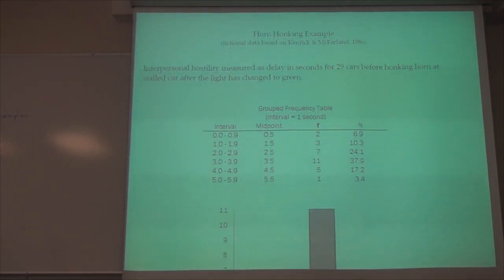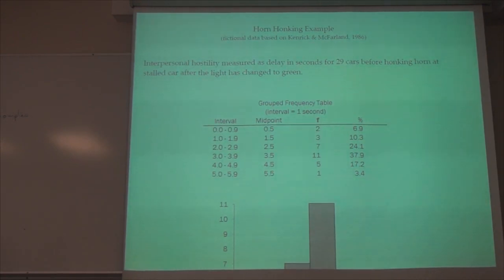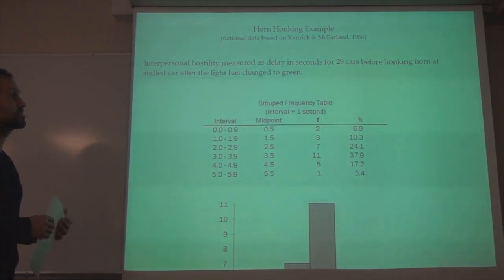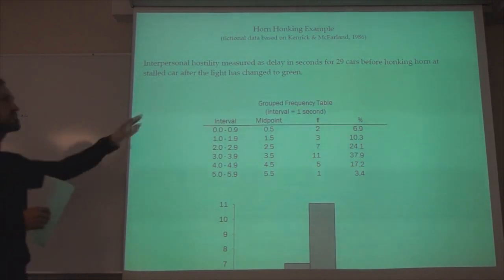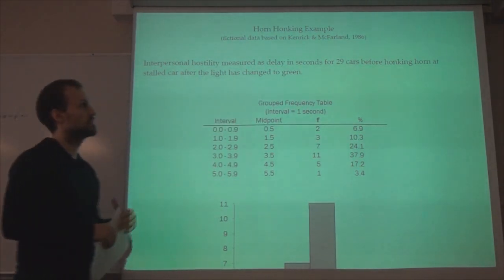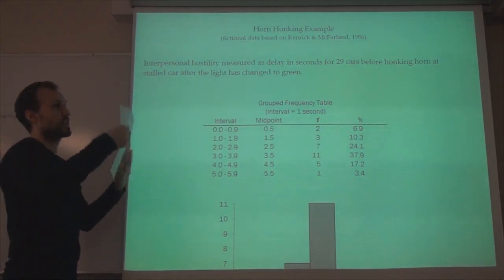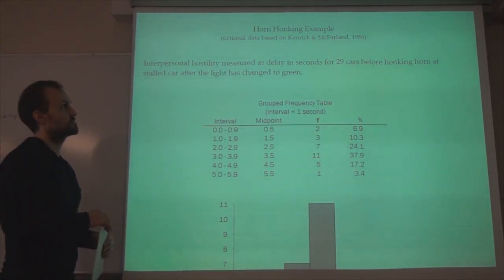It shows, hopefully, my 29 people or cars sort of represent the population in general. And eventually what we're trying to do is we look at a small set of people and hope that they sort of represent what people would do in general.